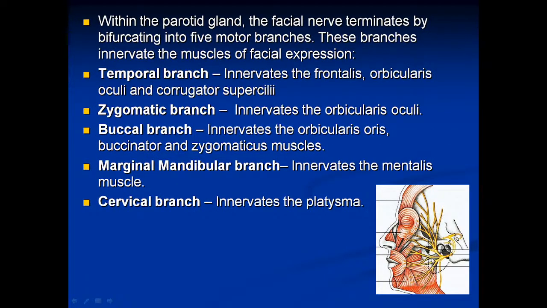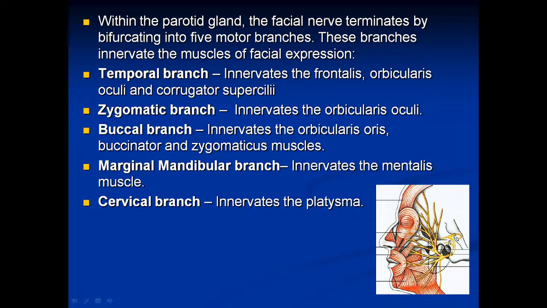Within the parotid gland, the facial nerve terminates by bifurcating into 5 motor branches. These branches innervate the muscles of facial expression. The temporal branch innervates the frontalis, orbicularis oculi, and corrugator supercilii muscles.